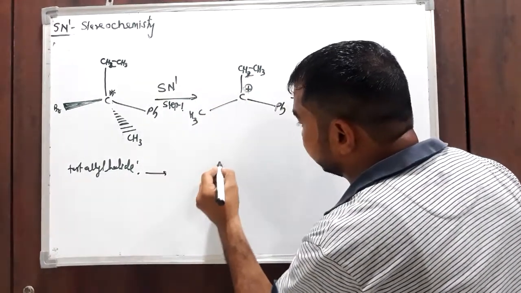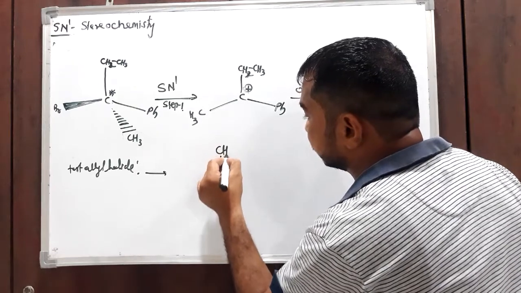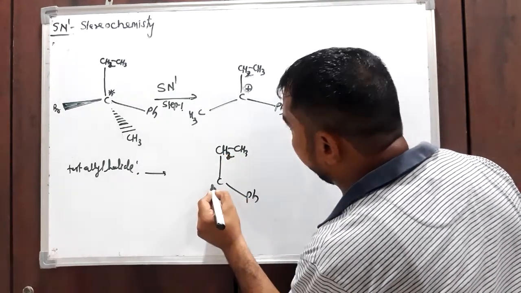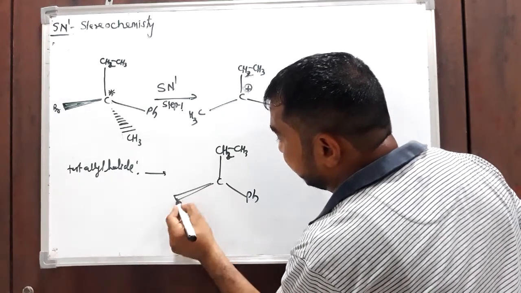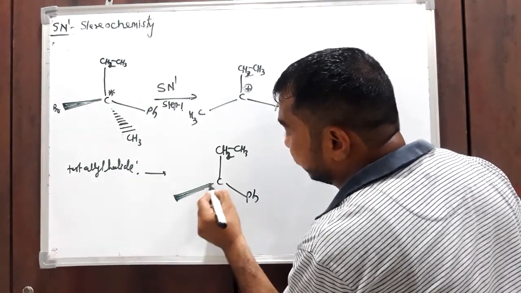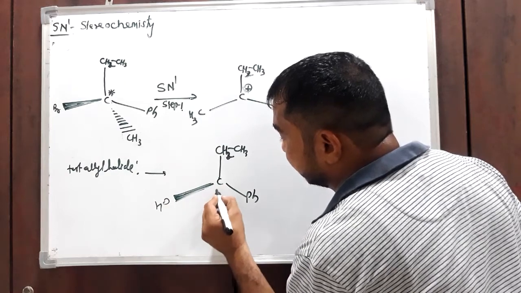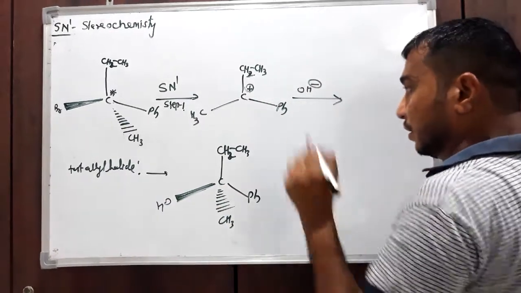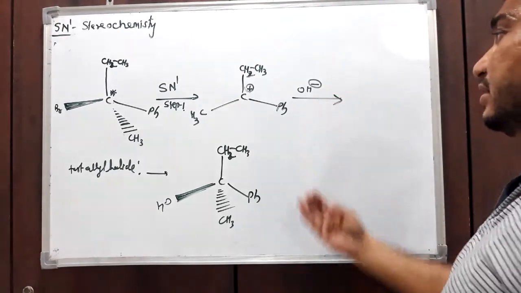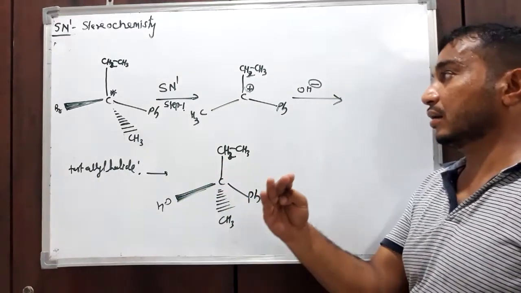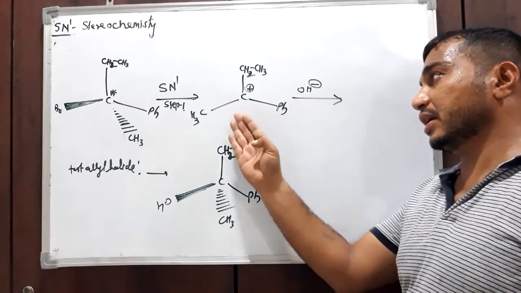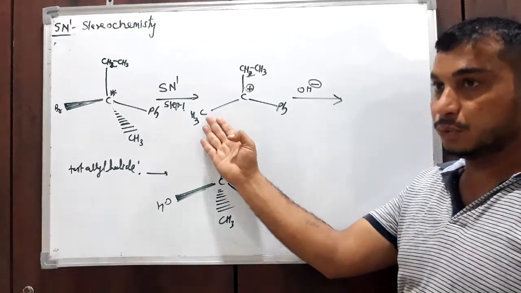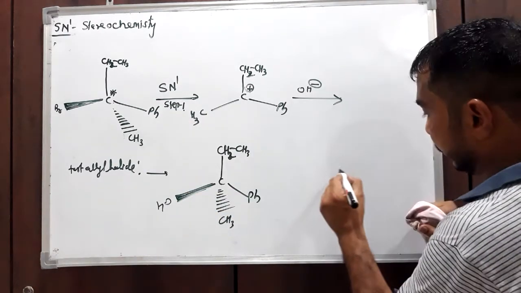That will give one product. If OH minus ion attacks from the front side, then you will get this. And if this OH minus ion attacks from the back side, then it pushes this methyl group to the front side.